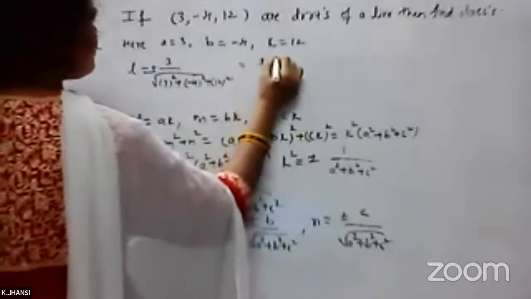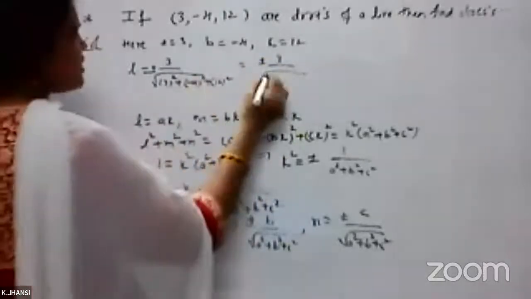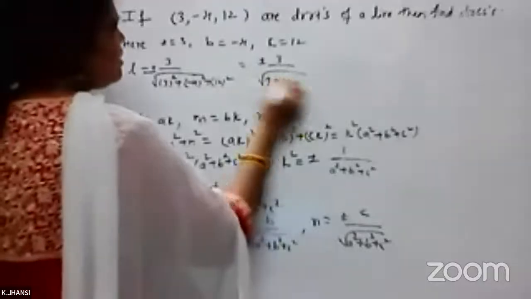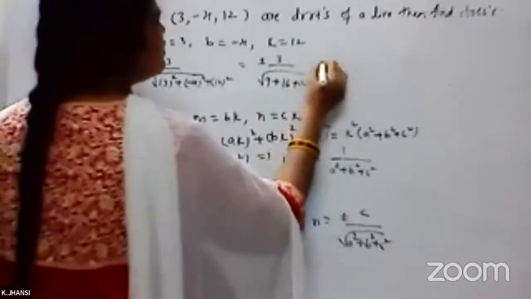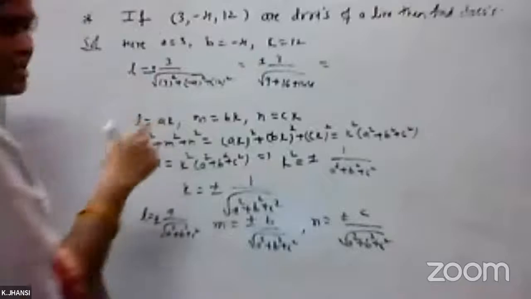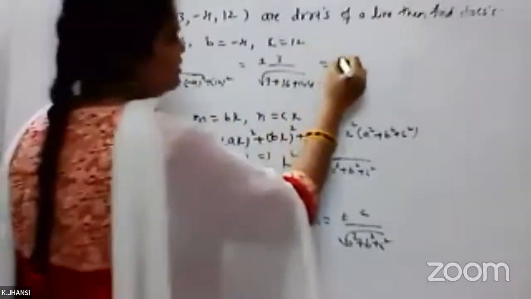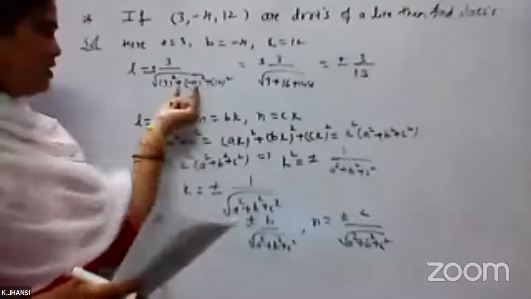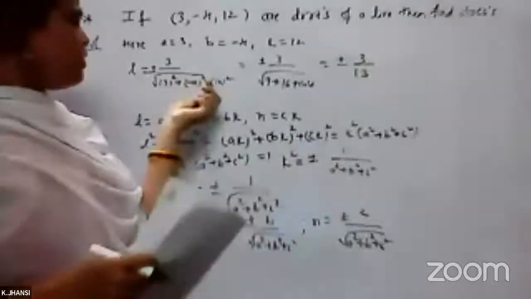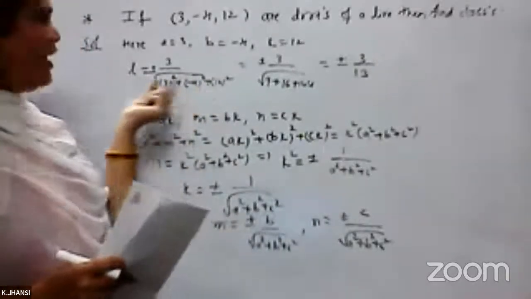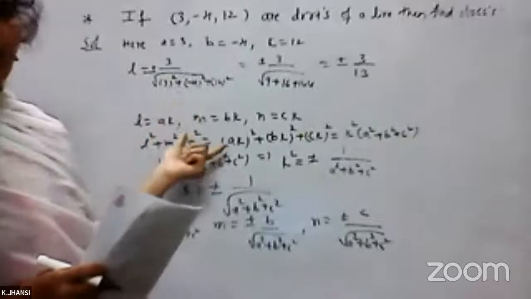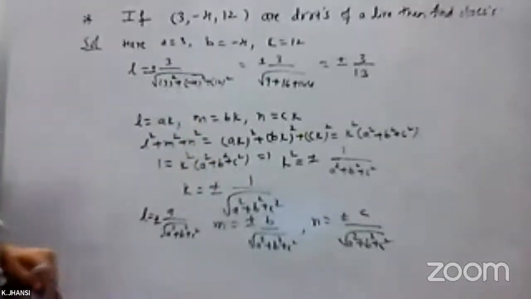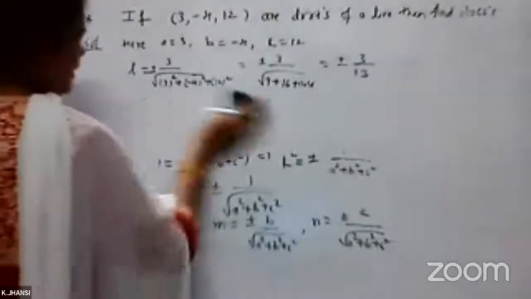So it is plus or minus 3 by under root of 9 plus 16 plus 144. So 25, you will get 169. 169 means it is 13. On the rough side you can find this denominator value, and directly you can put it for l, m and n. So what will be m? Minus 4 by 13.